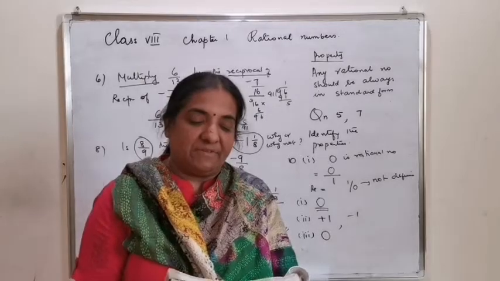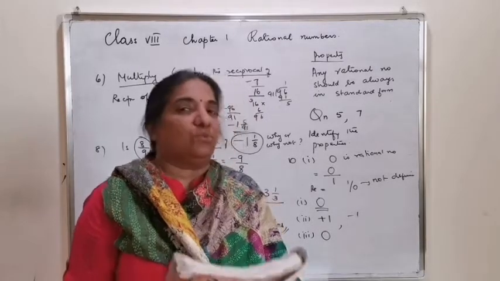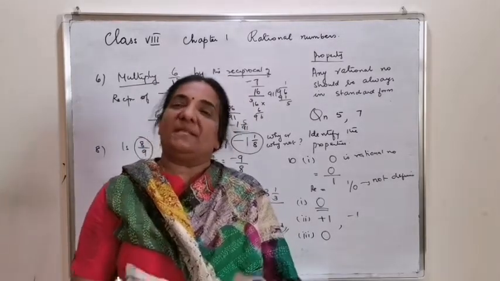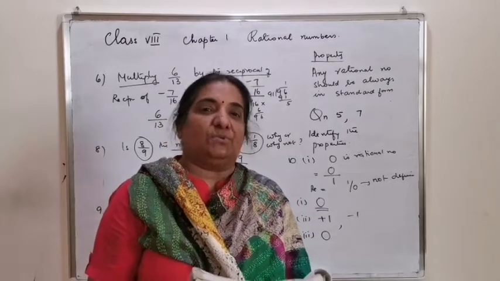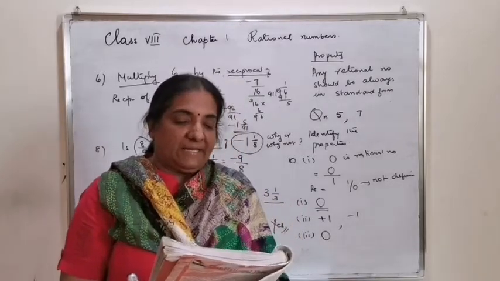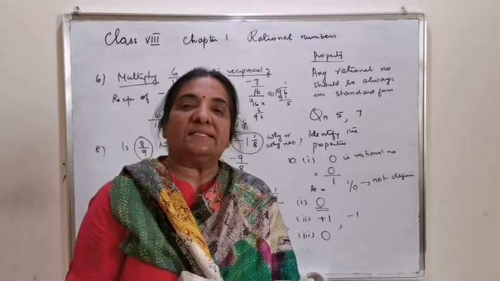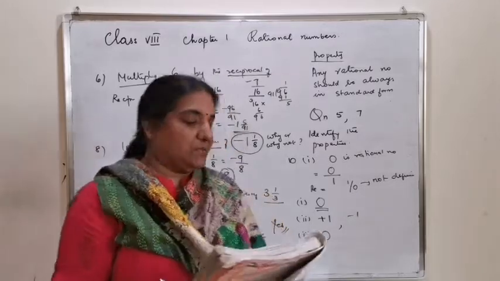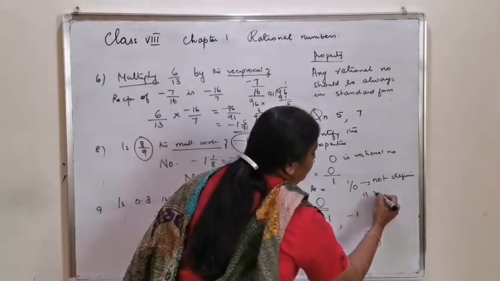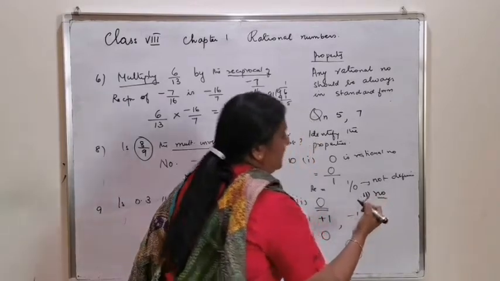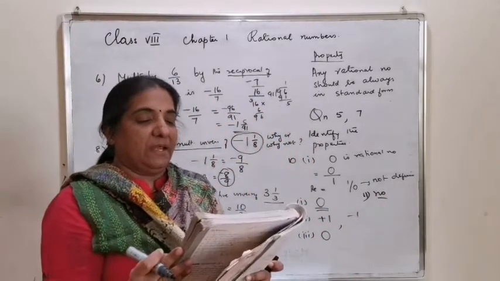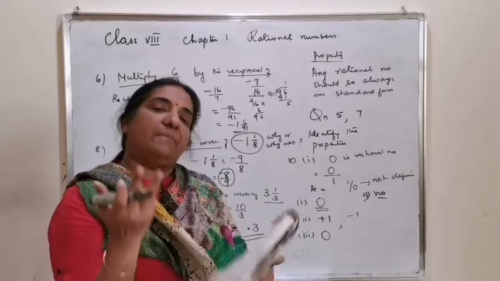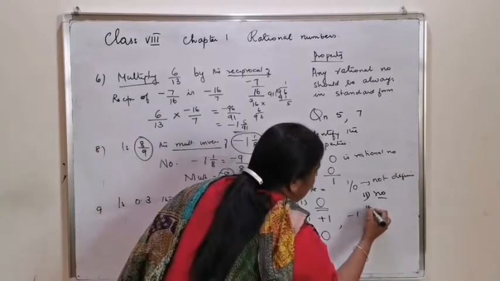So for the time being we can accept it as 0, because minus 0 means it's the same as 0. Fill in the blanks. 0 has dash reciprocal. 0 has no reciprocal.